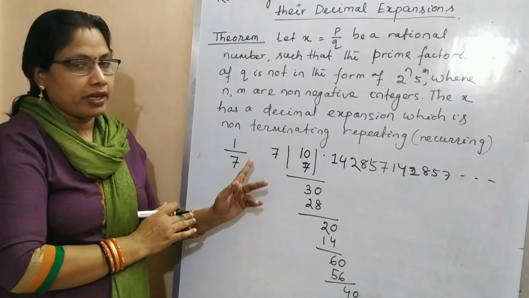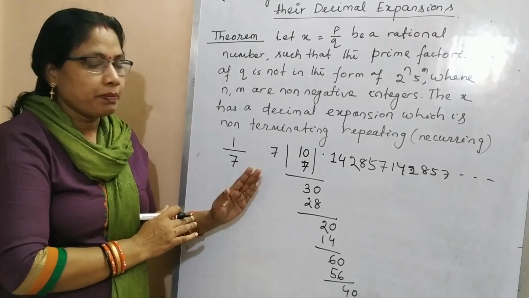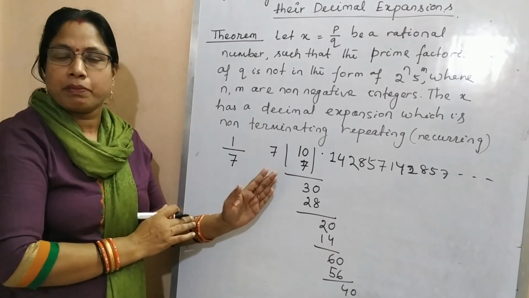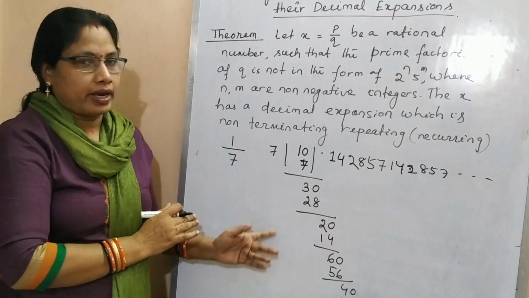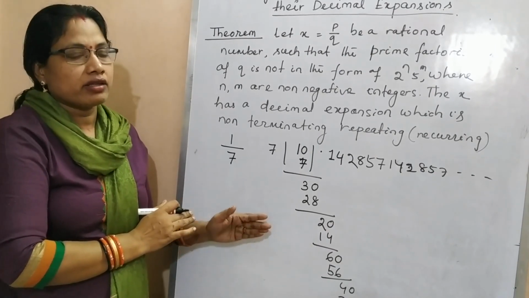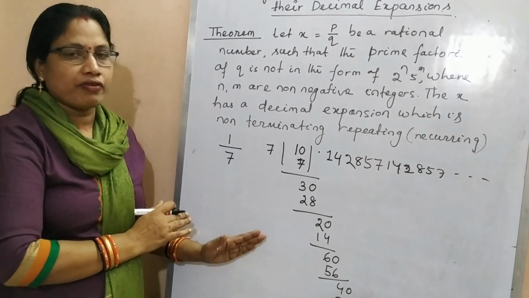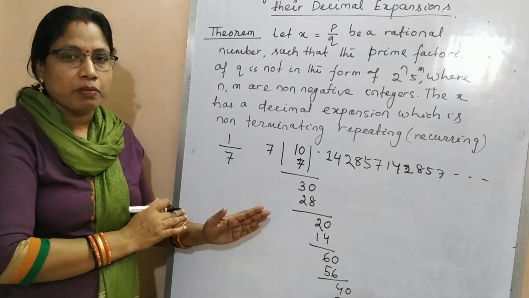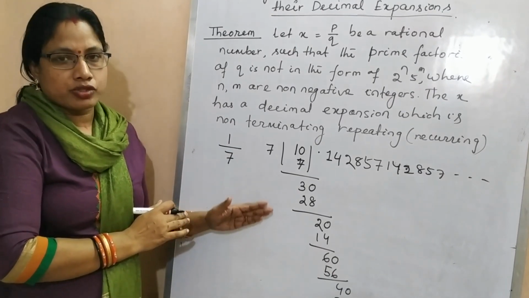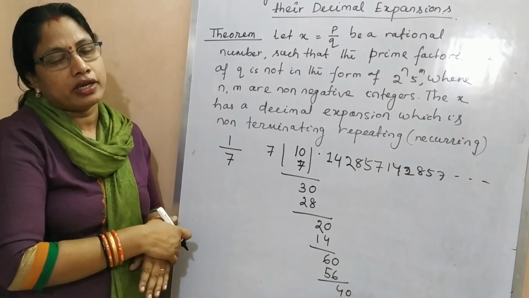If in p by q, p and q are co-prime and the prime factorization of q is in the form 2 to the power n, 5 to the power m, where n and m are non-negative integers, then the decimal expression should be terminating. Or if q is not in the form 2 to the power n, 5 to the power m, then the decimal expression should be a non-terminating repeating decimal.